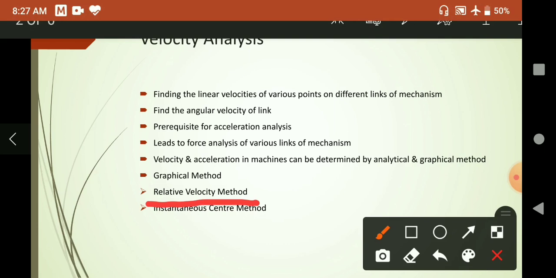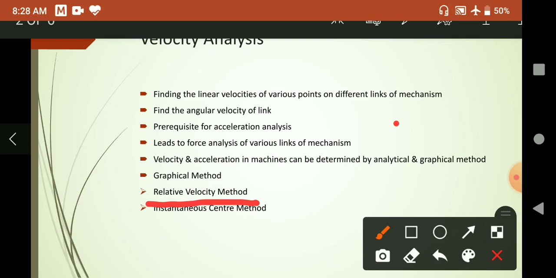As far as the motion of each link is concerned, there are various types of motions we have seen for a link in a mechanism. They are rotational motion, translational motion, or a combination of rotation and translation, that is general planar motion.